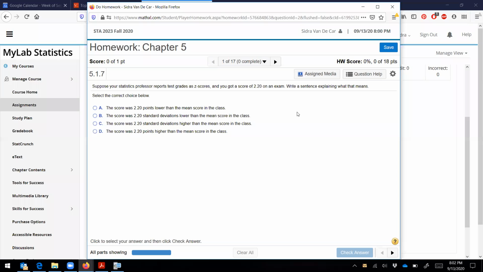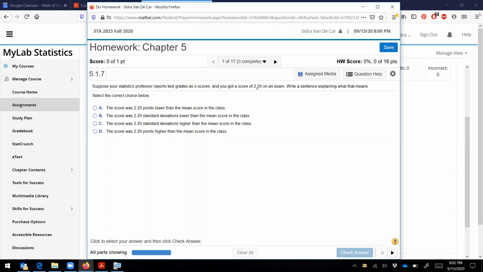The z-score tells you, in terms of number of standard deviations, how far you are from the mean. So if I said your z-score is 2, that's telling you that you scored 2 standard deviations above the mean.